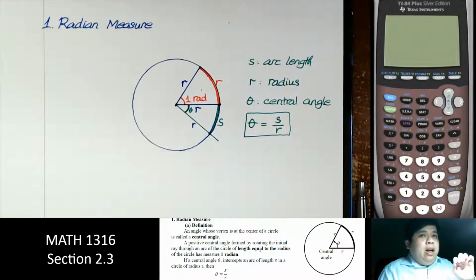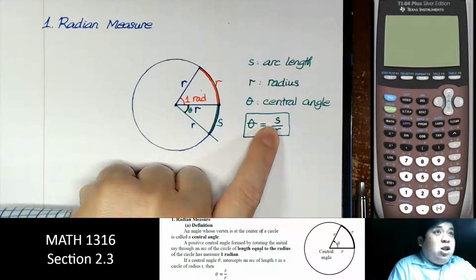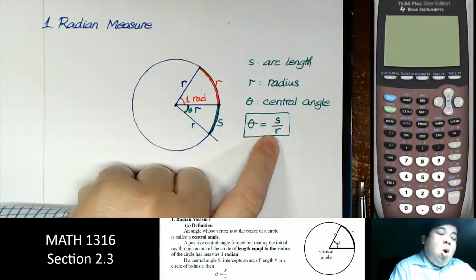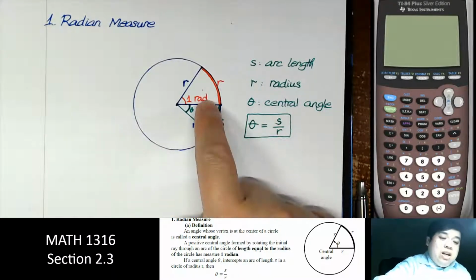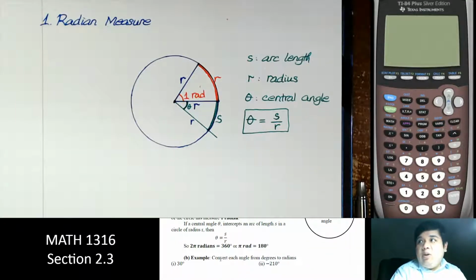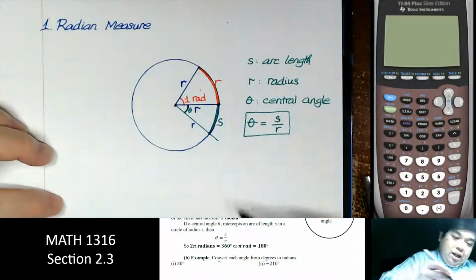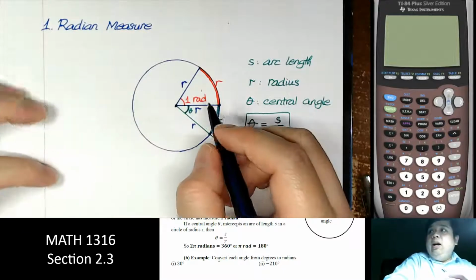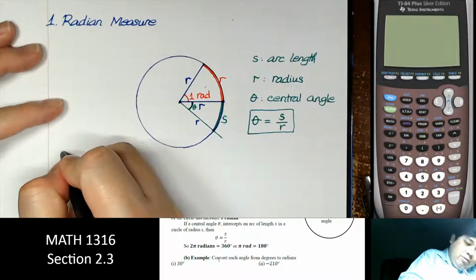Now, here's the problem. The unit for the arc length is usually, let's say, feet. The unit for radius is also feet. Feet over feet, it cancels out. So the radian here actually has no unit at all. But what we do know is this. What is the arc length for 1 revolution?